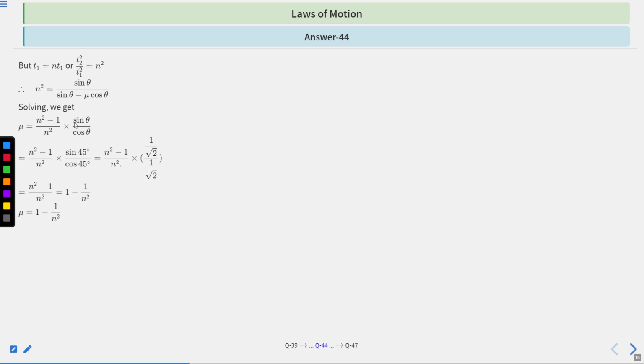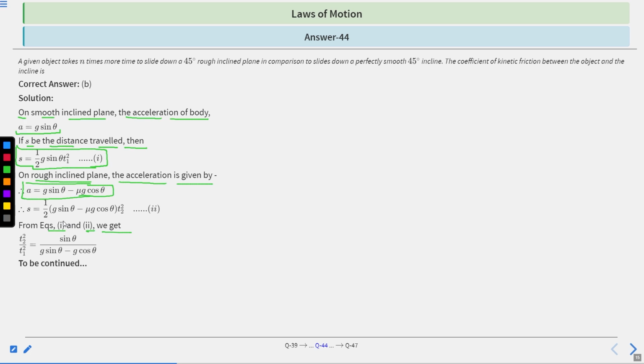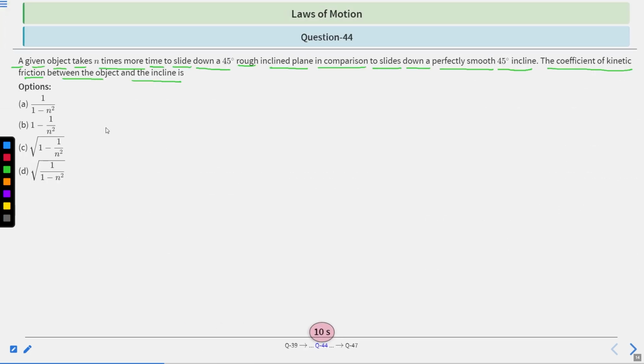And putting in all the numerical terms, angle and other things, you will get mu equal to 1 minus 1 by n square. Clear? So the correct answer is B, 1 minus 1 upon n square. This is the correct answer.